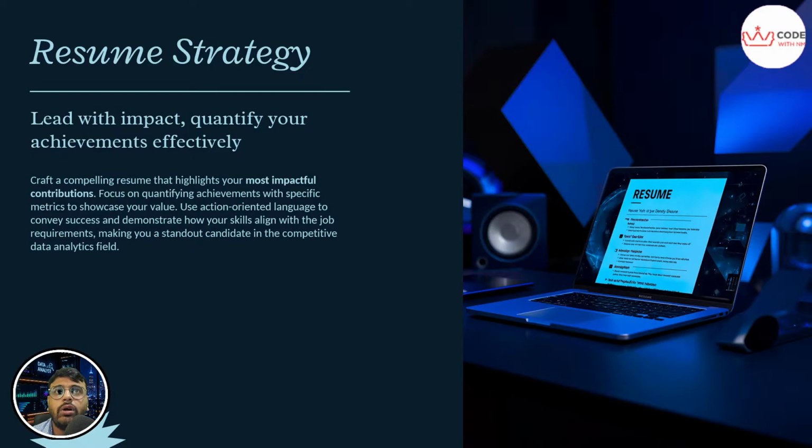You need to focus on language like built, automated, reduced, increased. These words should be in your resume to convey success and show how your skills align directly to the job requirement. I'm repeating the words again: build, automated, reduce, increase. This type of word and the numbers will be picked up by the ATS itself, and then your resume gets selected in the organization. So this is how you bypass the ATS.